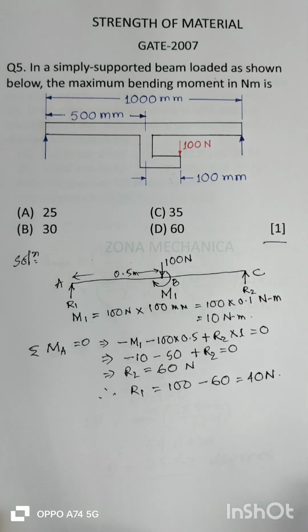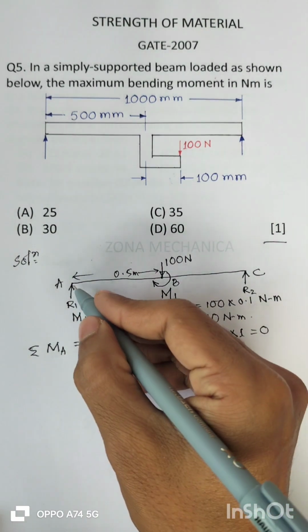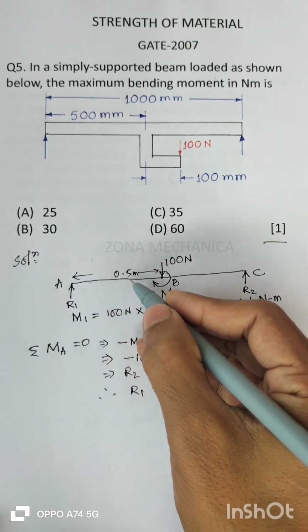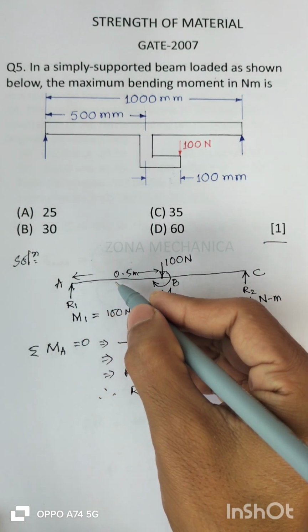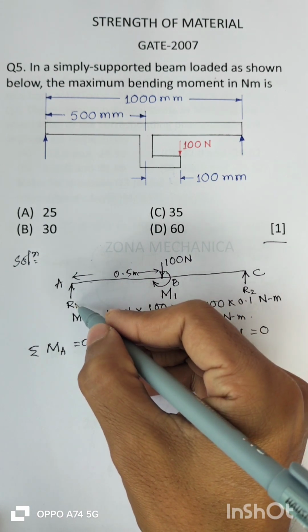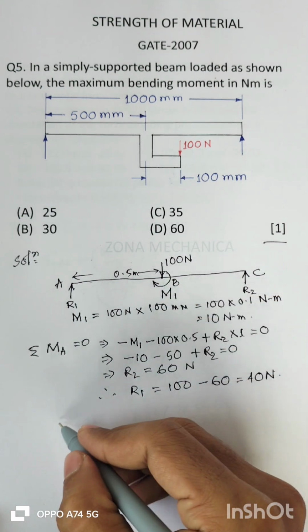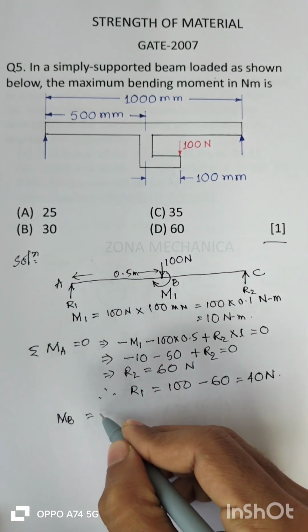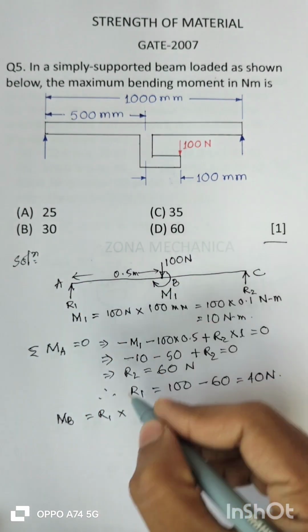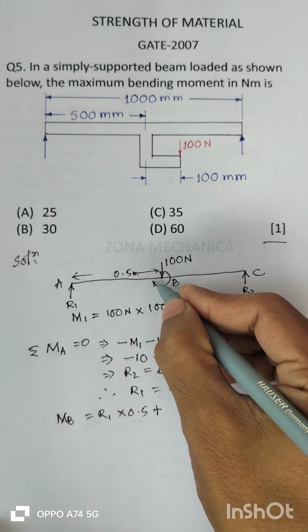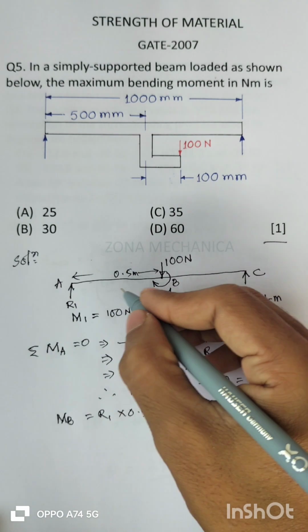Now let us see how the bending moment is varying along the length of the beam. At the point A the bending moment is 0. As we proceed towards the point B, there will be a bending moment which is equal to R1 into the distance. At the point B the bending moment will be R1 into this distance, that is 0.5, plus there is already a moment M1, and this will create a clockwise moment.